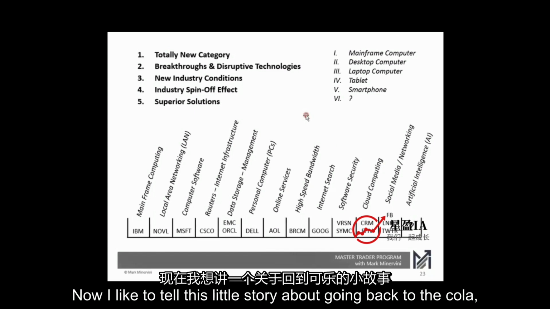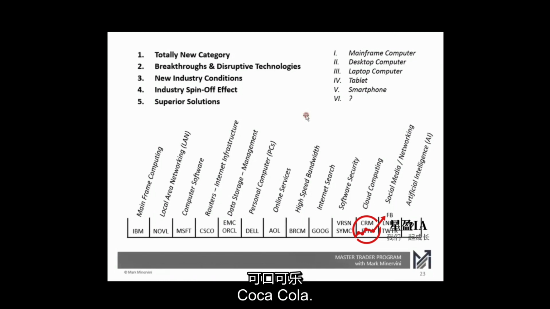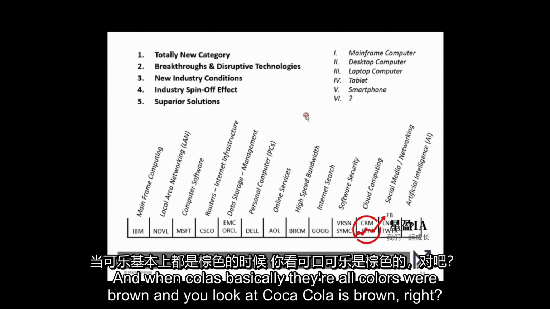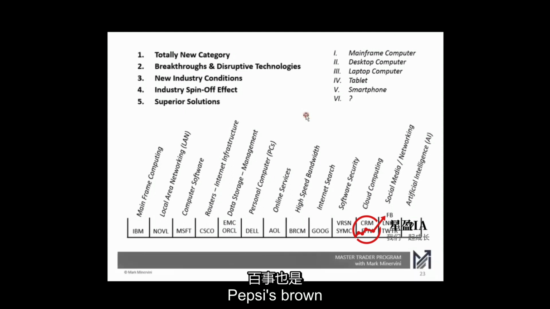And I like to tell this little story about going back to the cola, Coca-Cola. Basically, colas were brown. You look at Coca-Cola, it's brown, right? Pepsi's brown. Well, at one time, 7-Up did not exist. Clear colas did not exist.